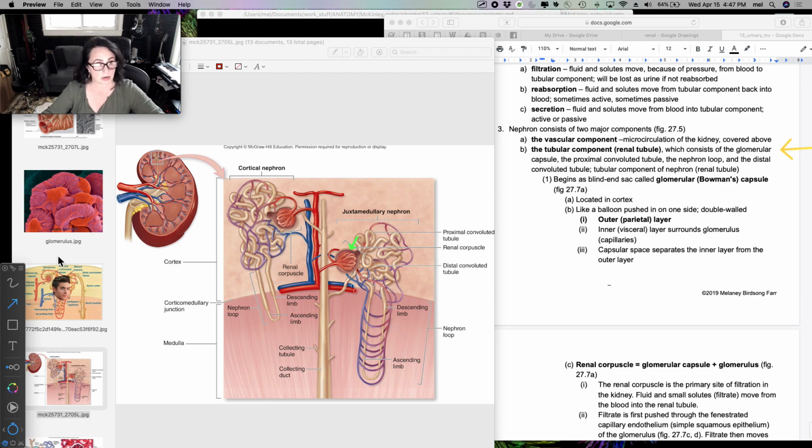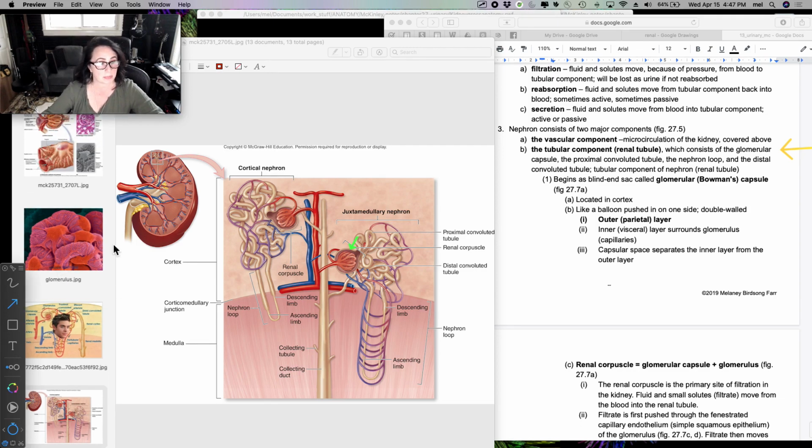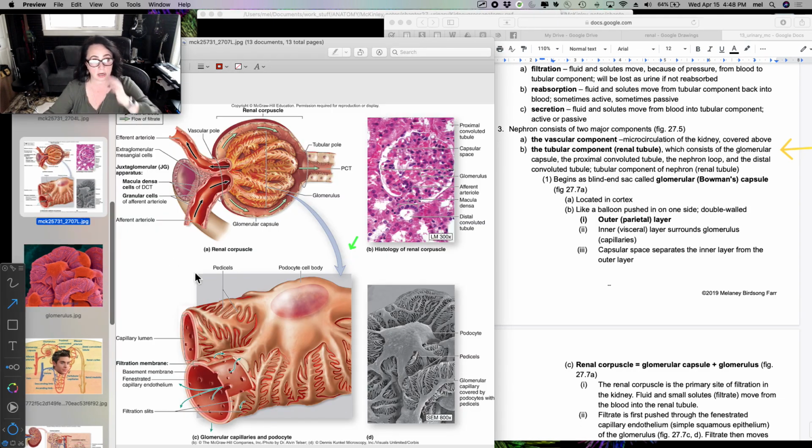So let me show you what you're actually looking at if you blow this up really, really far. Okay, so we already looked at the afferent arteriole and the efferent arteriole and the glomerulus. But the glomerulus is a capillary, so why does it look so weird in this picture? Because capillaries are not made of those cells. They're made of simple squamous epithelial cells, and those are some weird-looking cells.